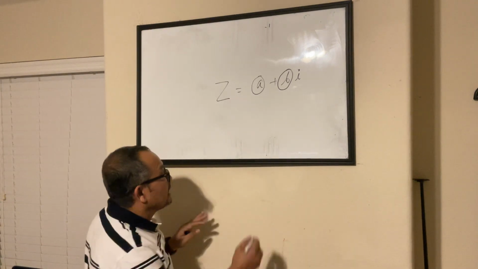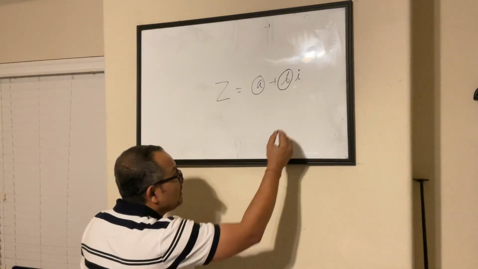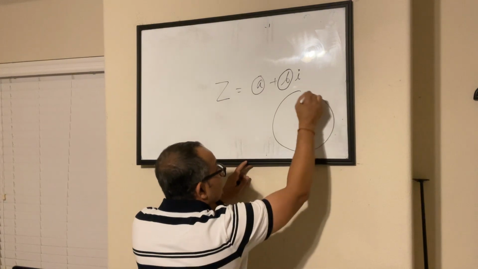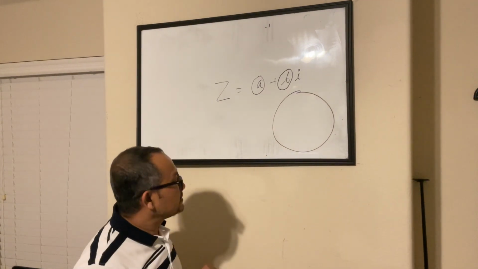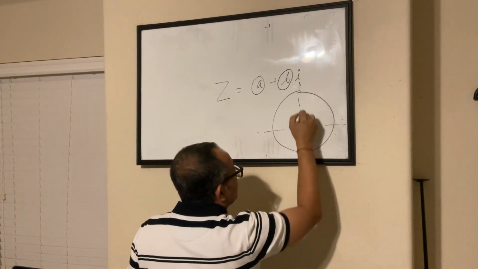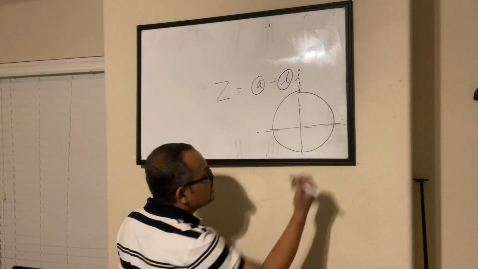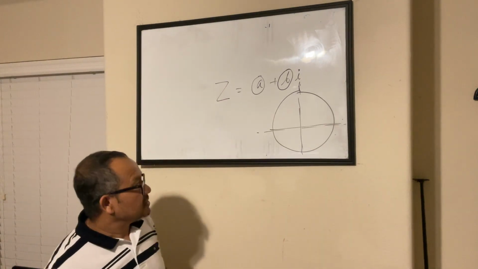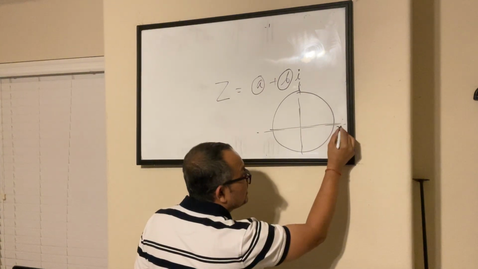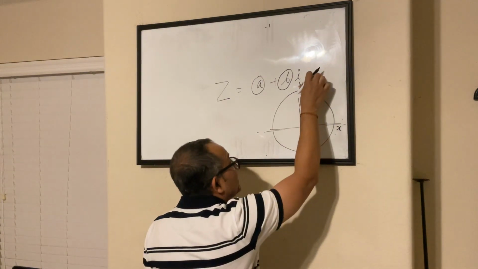Polar form. Now, that is why I went back to the unit circle. There was a reason to it. Let's say this is my unit circle, and this is my x and y coordinate. Since we are talking about complex numbers, we will look at this as a complex plane, meaning this is my real axis, this is my imaginary axis.